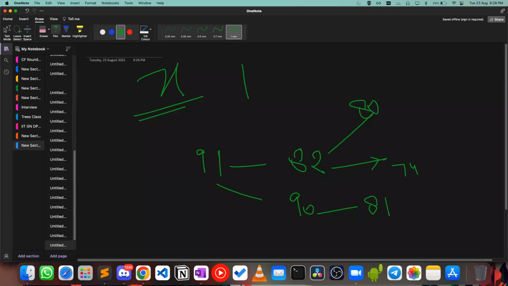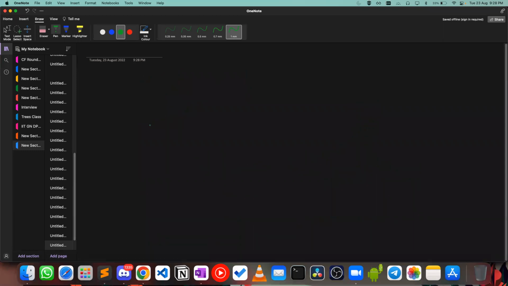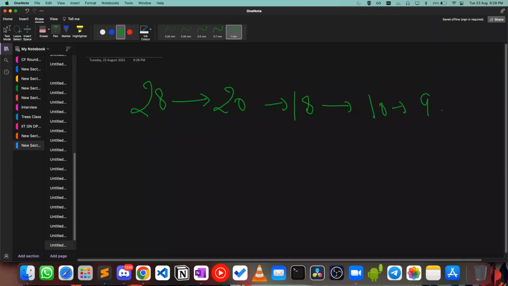Okay, let's think of a case where this will not work. That's actually a good question. For example, somebody is saying 28 gets converted to 20 and then it gets converted to 18. And then what? Yeah, the greedy here would be that 18 gets converted to 10, then 10 gets converted to 9, and so on. So from this step, it will require 9 steps.